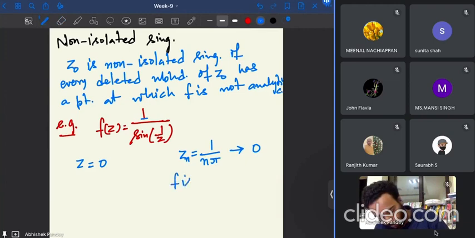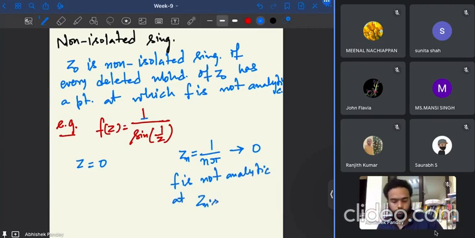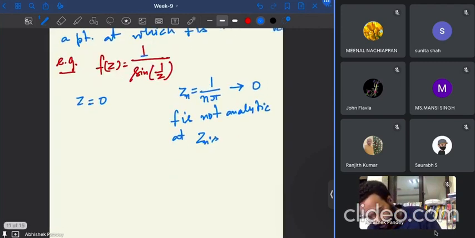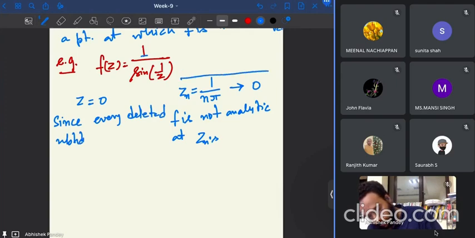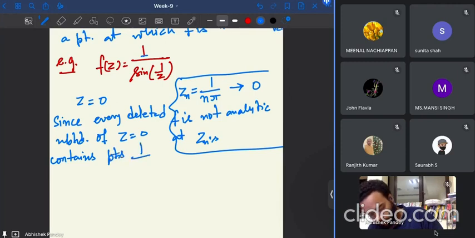So f is not analytic at z_n. It means that every deleted neighborhood of z equals 0 contains points 1 upon n pi, and at these points f is not analytic.